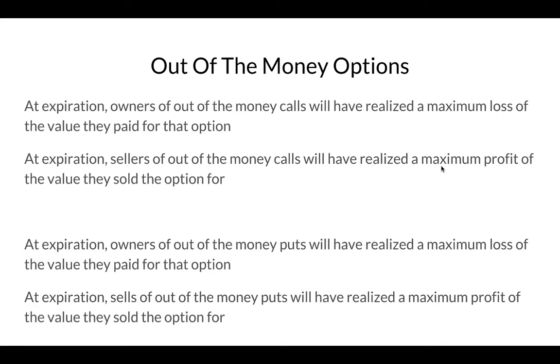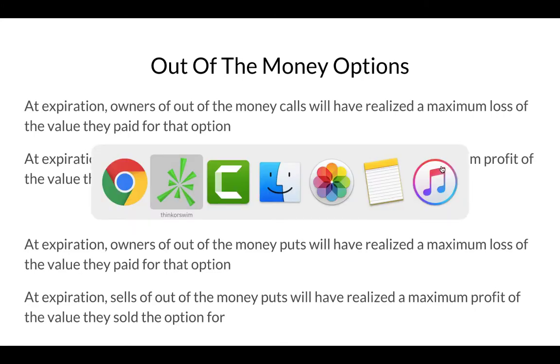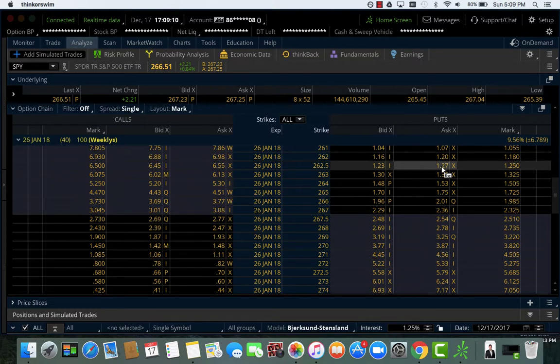So obviously the other side of that is sellers of out-of-the-money puts will have realized the maximum profit of the value they sold the option for. So if we sold this 262.5 option for $1.25, that's what the mid price is right now, at expiration, the value of this option would be zero because it's out of the money. Again, the strike price of an out-of-the-money put is below the current price of the stock. 262.5 is our strike price.